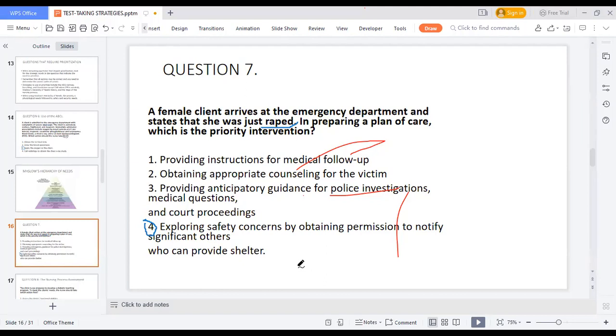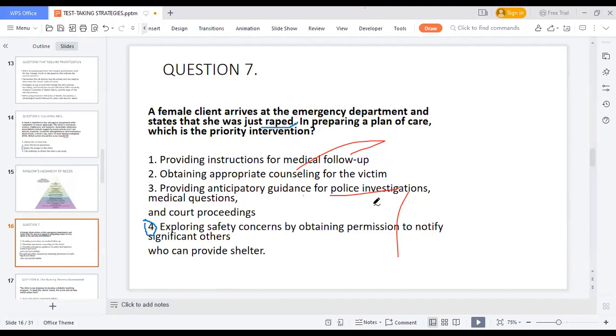The first thing in this question is for us to attend to the physical trauma and so on, which falls under physiological needs. But we don't have that in the options. That's the first thing to do.